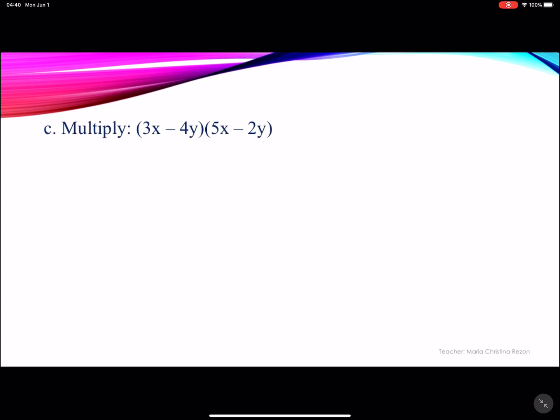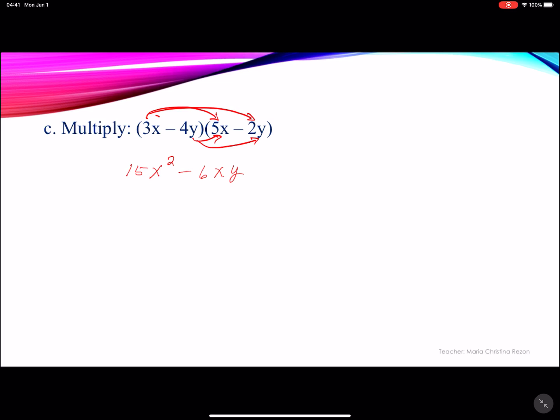Then let's have this. 3x minus 4y times 5x minus 2y. So the first thing is you distribute 3x to the terms of your binomial here. So you will have 15x squared, and then minus 6xy. And then you do this as well.